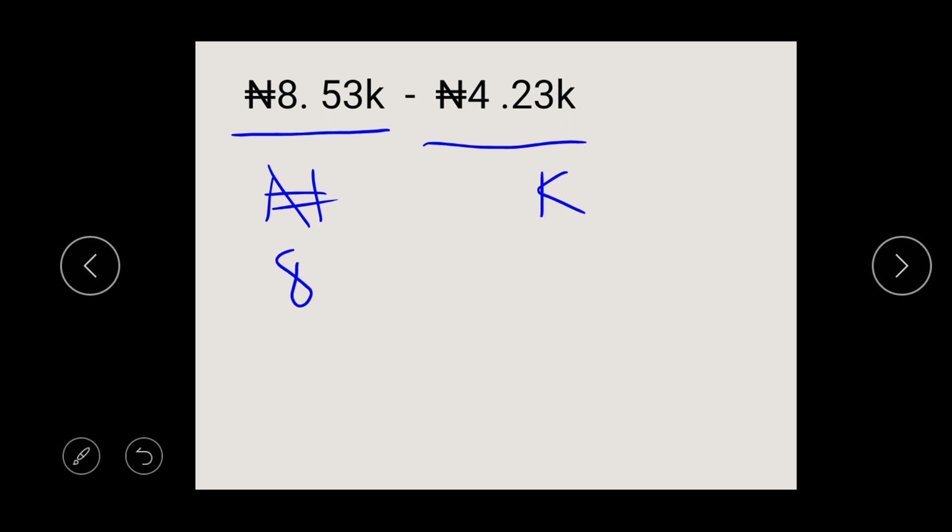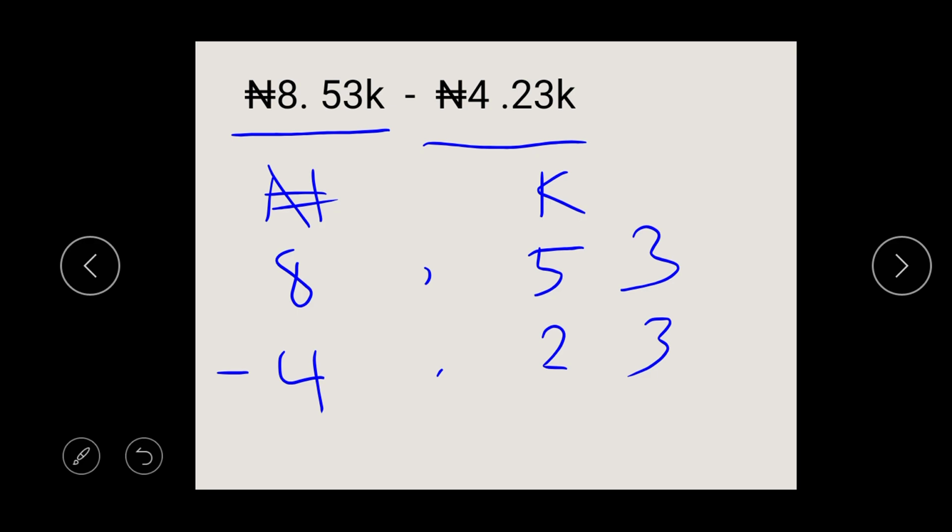So the next one is 8 Naira 53 Kobo minus 4 Naira 23 Kobo. So put your Naira sign here and put your Kobo sign here. So you put your 8 Naira, okay? Put your dot, then you put your 53 Kobo, then you put your 4 Naira, your dot, then you put your 23 Kobo.